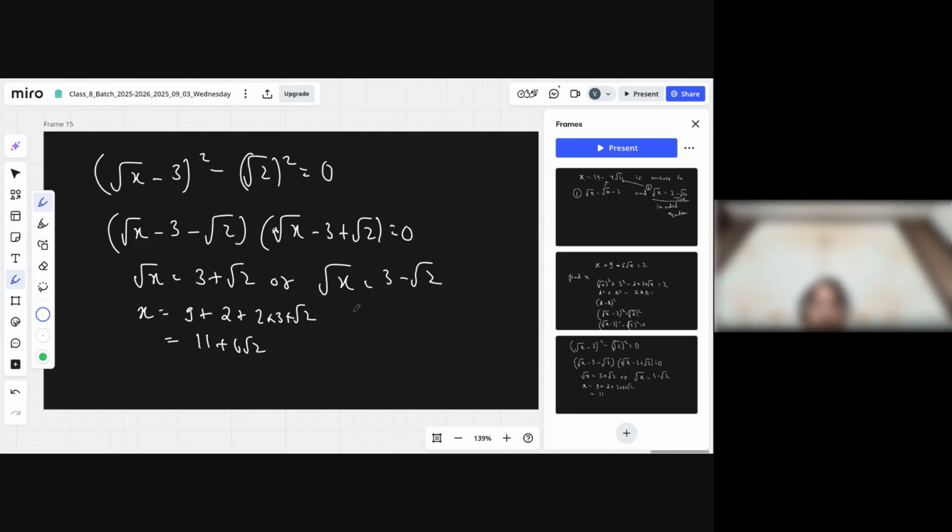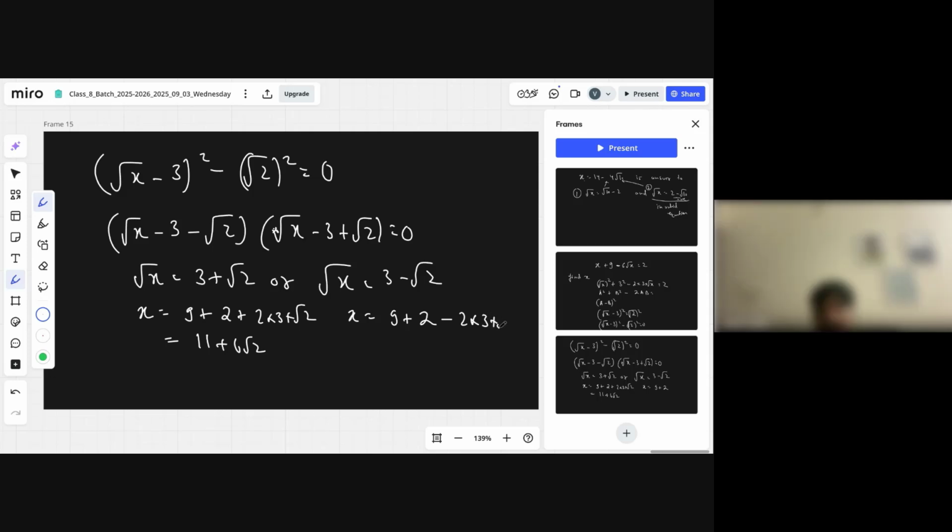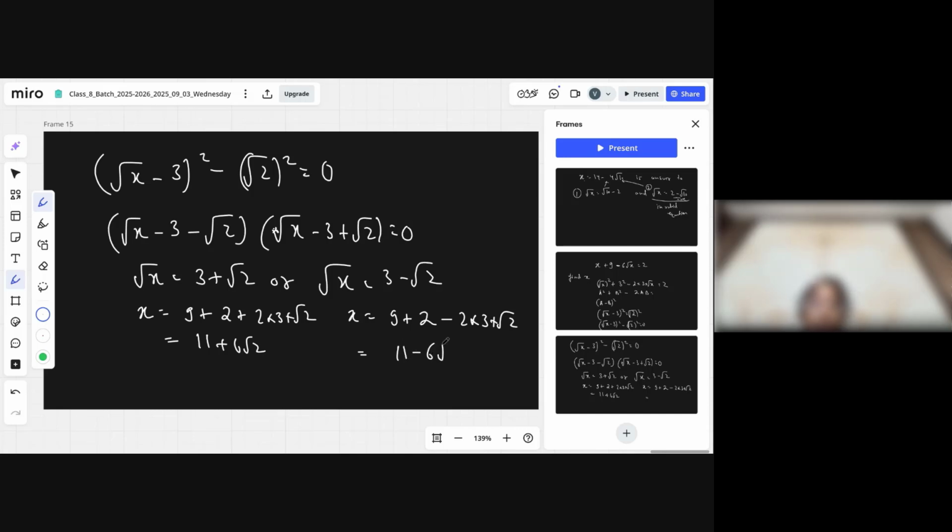First of all, tell me this is valid or not valid. Yes. It is 9 plus 2, plus 2 into minus 2 into 3, 11 minus 6 root 2.